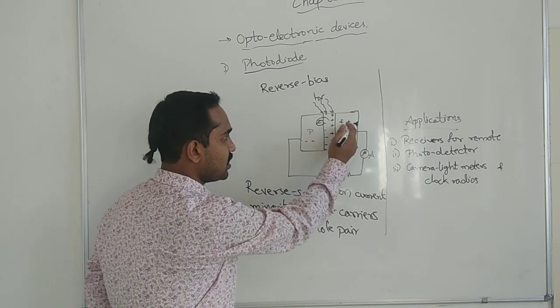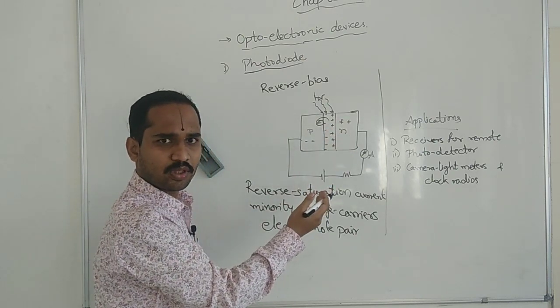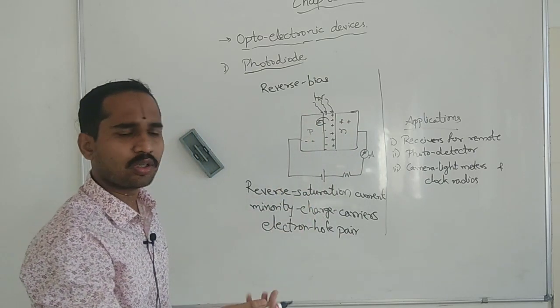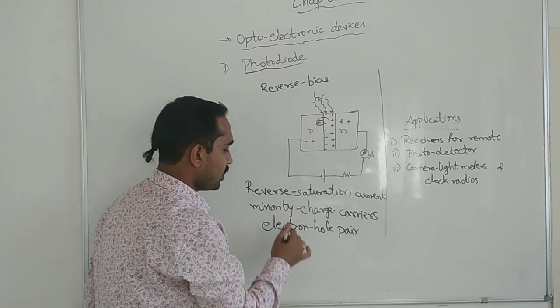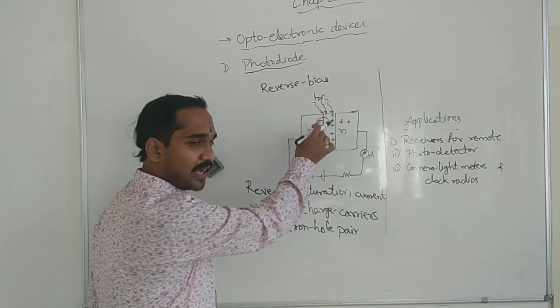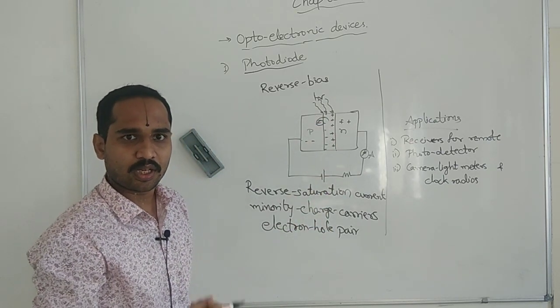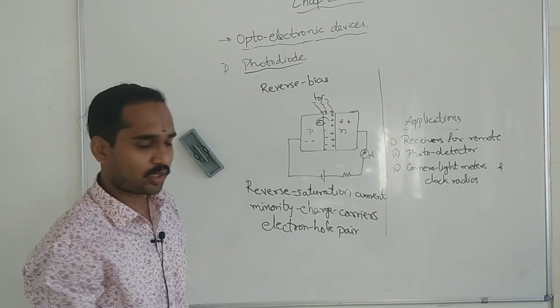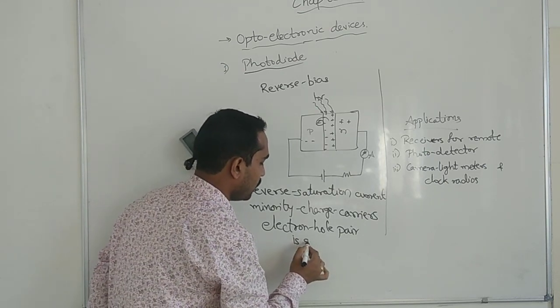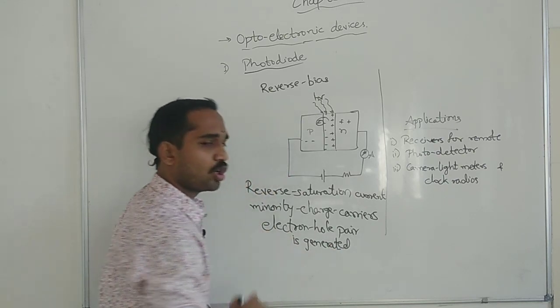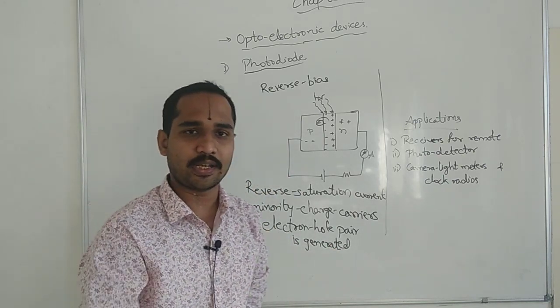When it crosses, there will be a hole somewhere, or an electron from this side can also cross. Since it is negative, a hole on the other side will attract the electron. So an electron hole pair is generated.